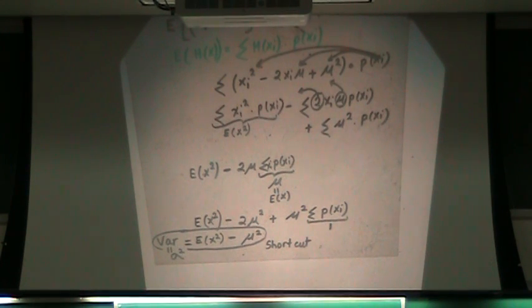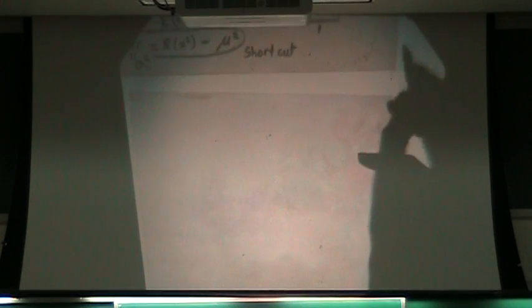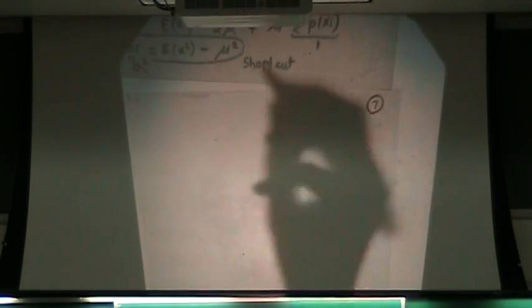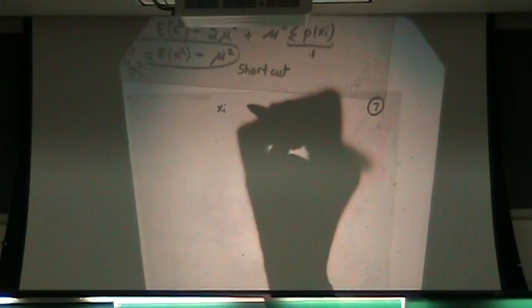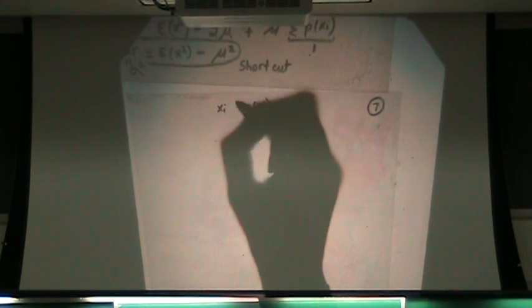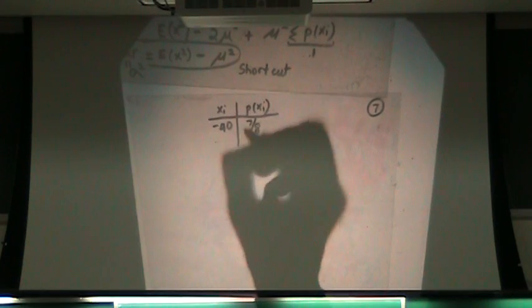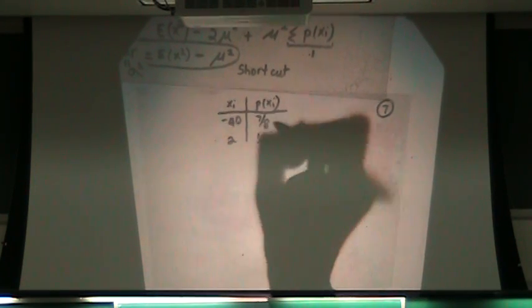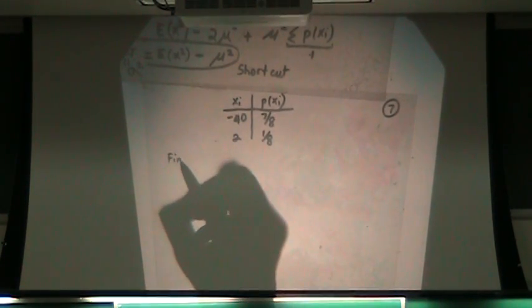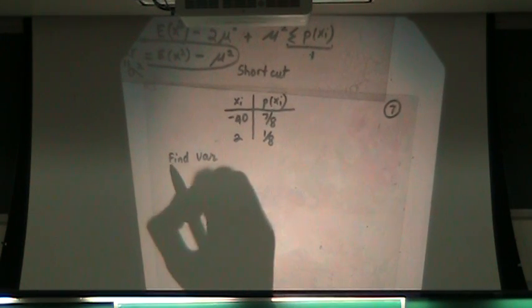Let's take a new page. Page 7. So given the following PMF, xi, p of xi, same PMF I started with, minus 40 with 7/8 and plus 2 with 1/8, find the variance. That's the question.